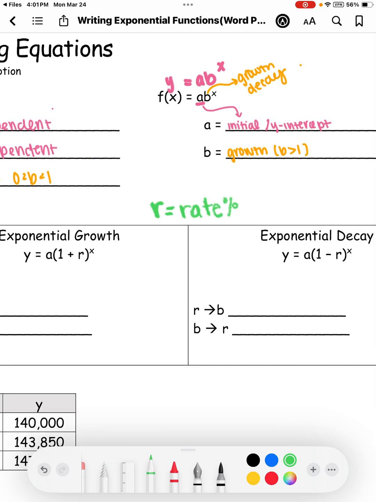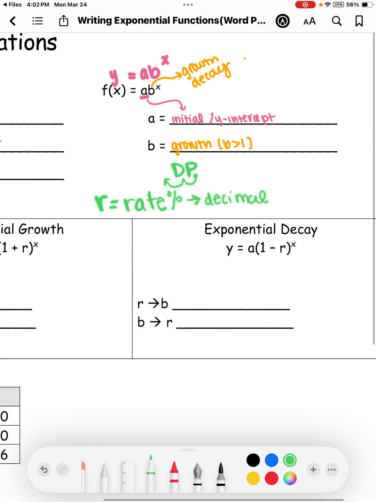And for this, we always have to change our percent into a decimal. If you remember from 6th and 7th grade, Dr. Pepper, which stands for decimal percent, to go from a percent to a decimal, I move the decimal 2 places to the left.